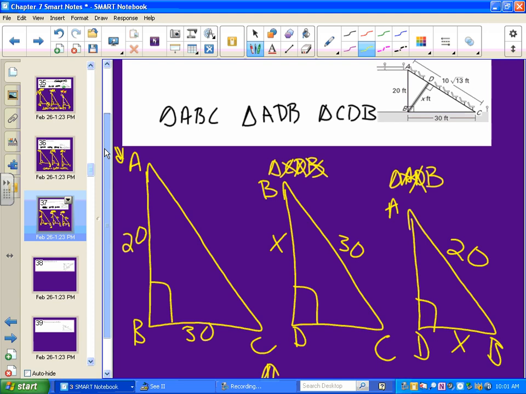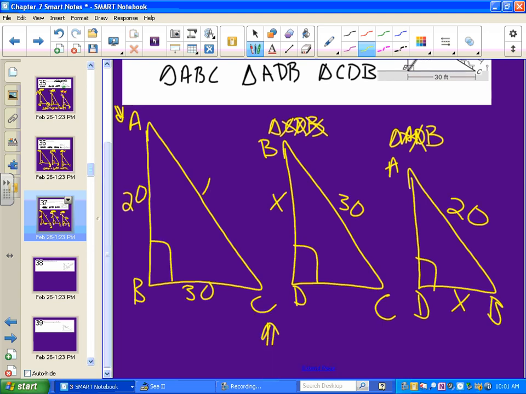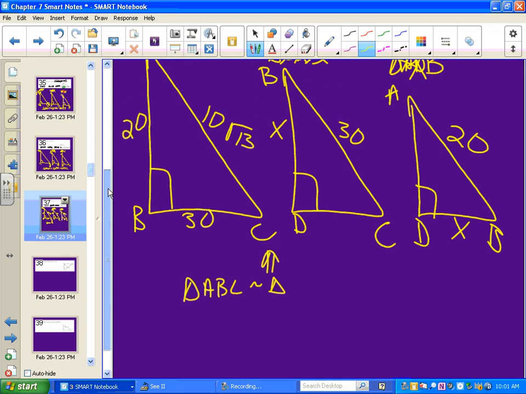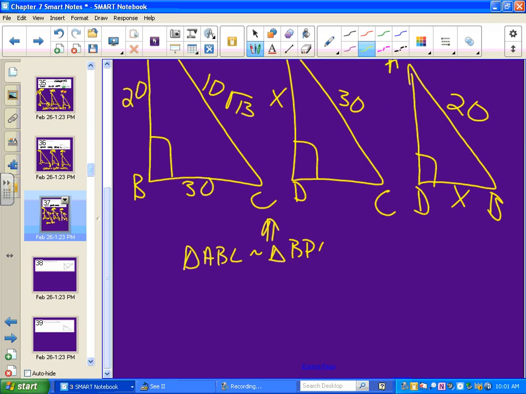And we know that AC is 10 times the square root of 13. Okay, so looking at our similar triangles, we know triangle ABC is similar to triangle BDC, which is similar to triangle ADB.